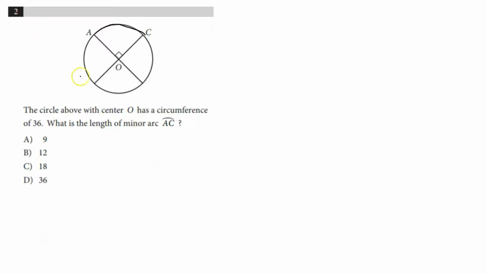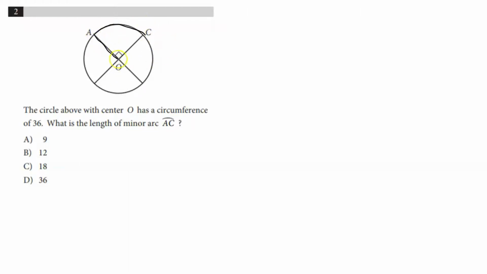Okay, question 2. The circle above with center O has a circumference of 36. What is the length of major arc AC? So this length right here. Well, this type of question, it immediately pops out to me that we're trying to relate the length or the circumference of the circle with some angle measures. So let's see what we know.